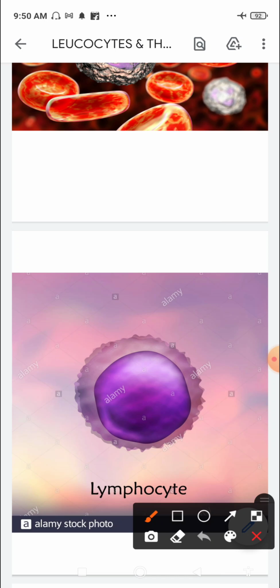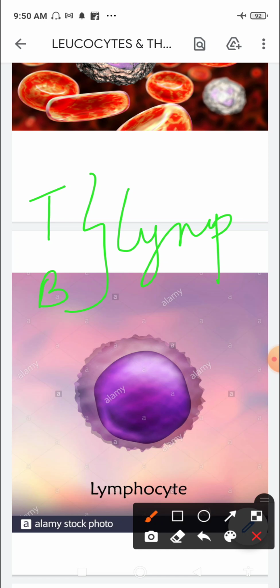They play the central role in the immunological defense system. These two types have their own functions, and as per your syllabus we do not have to go into the detail of the T and B lymphocytes, right.